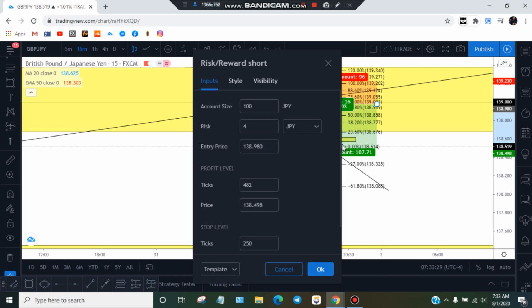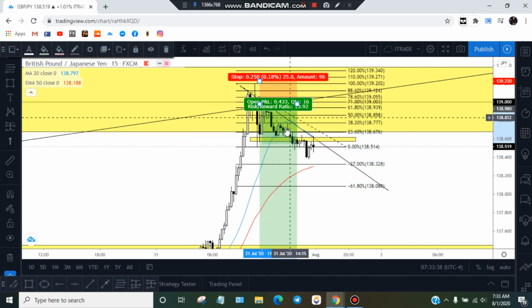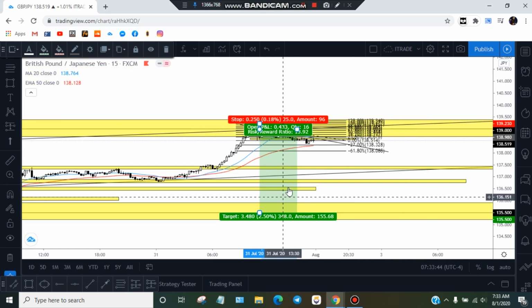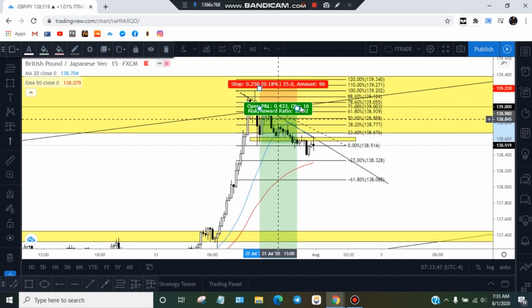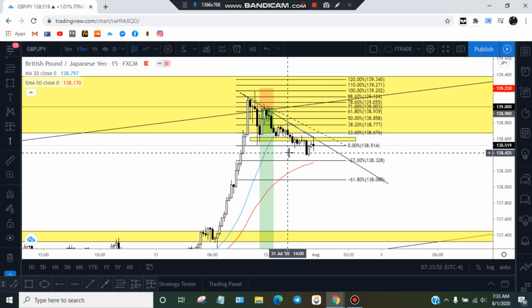So our next daily level is gonna be 135, 500, boom. So that's one entry, right? That's a 1 to 13 ratio, risking 25 pips to gain 350, right? That's amazing.